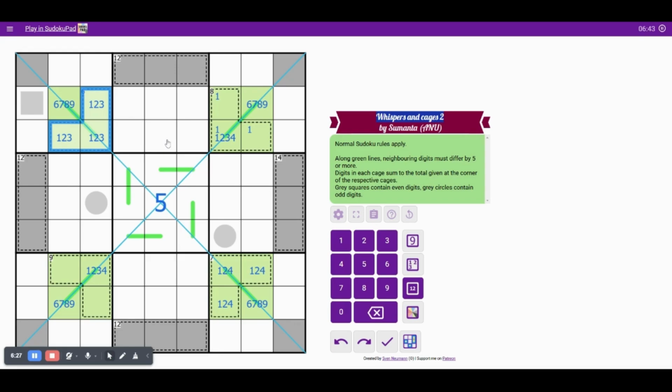So the cages sum to 30, these 4 digits sum to 30. The total is 60. I know the sum of the green cells has to be the same as the sum of the gray cells as well. So if these green cells sum to 60, the gray cells will also sum to 60. And I know that these 3 cages are 36, this is 14, which means 50. So these 4 cells which I am marking now will have the sum of 60 minus 50, that is 10.